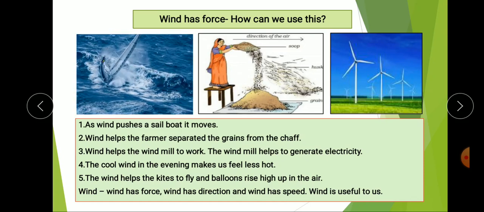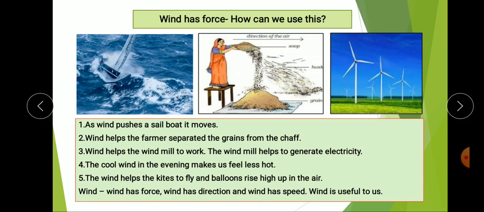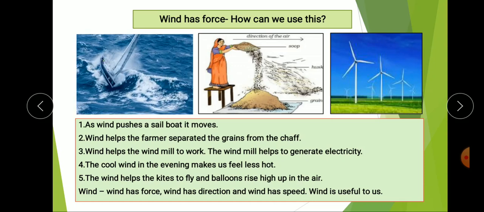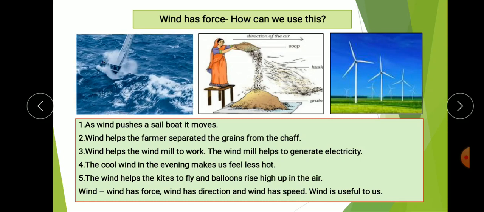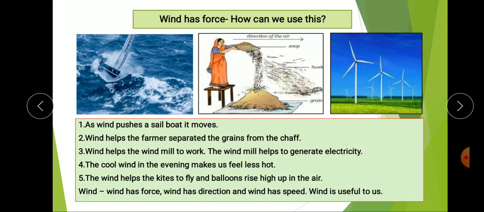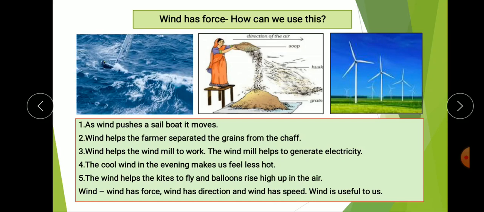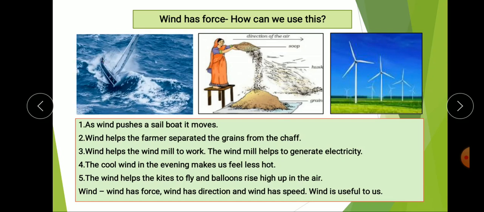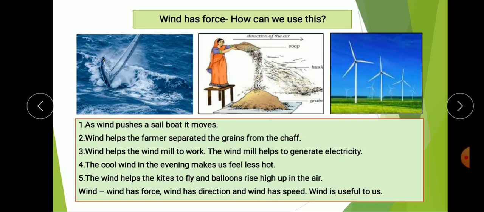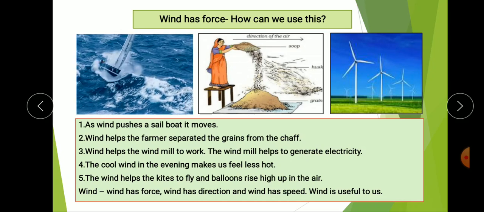So we can say that wind has enormous energy, wind has a force, wind has a direction, and wind has a speed. Wind is useful to us.